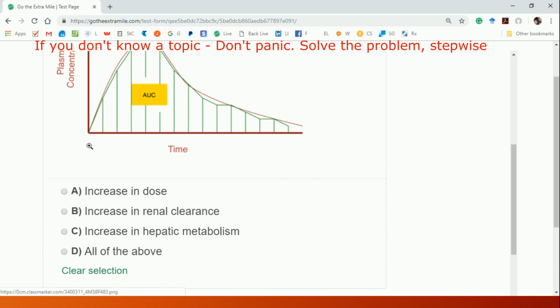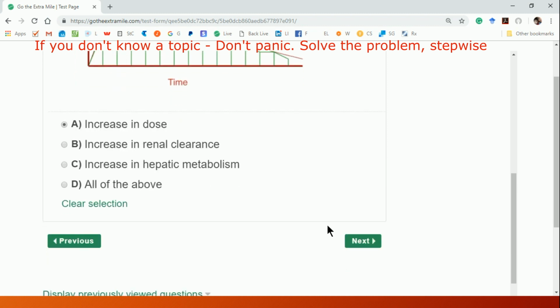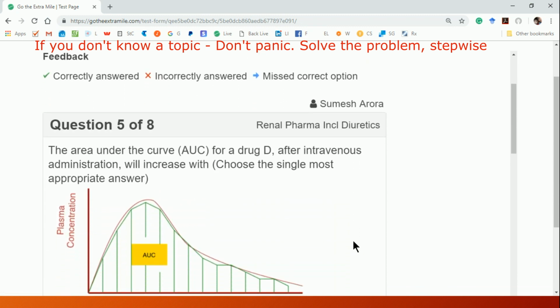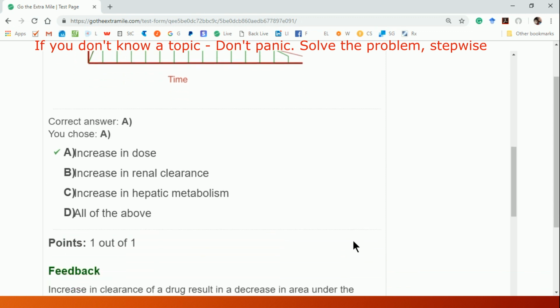I am thinking increasing the dose will increase the peak, increasing renal clearance will shorten the tail, increasing hepatic metabolism will shorten the tail, and obviously it can't be all of the above, so I'm going to go with increase in dose. I am not going to let the examiner force me into an error this time. Let's see how I go. Oh, there we go. Got it right this time.